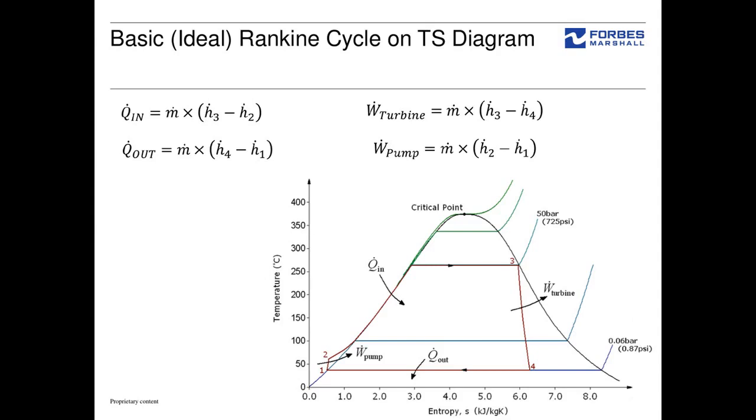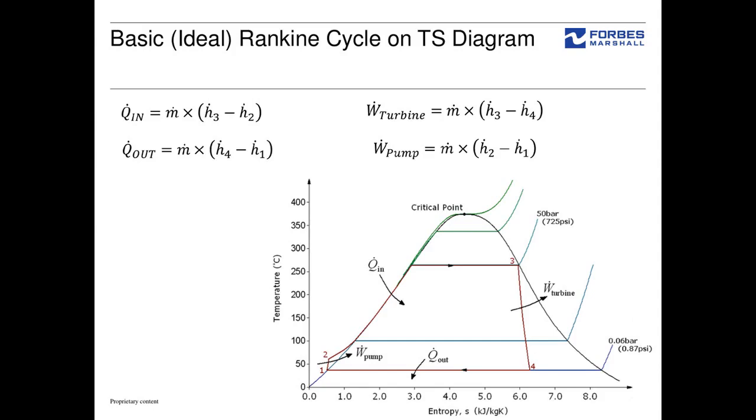So if you plot these four processes on a temperature entropy diagram, you can find such a diagram on the TS chart for steam and water. Now you can see process 1 to 2 indicates work input from a pump, so feed water pressure is increased.